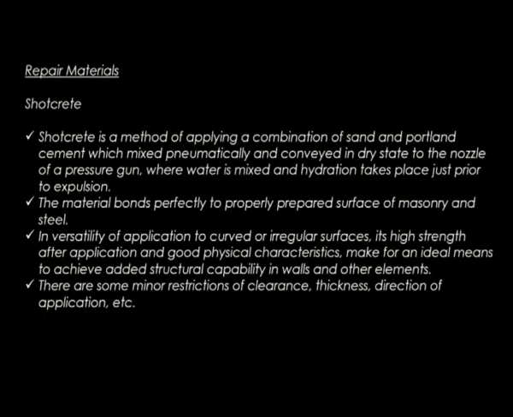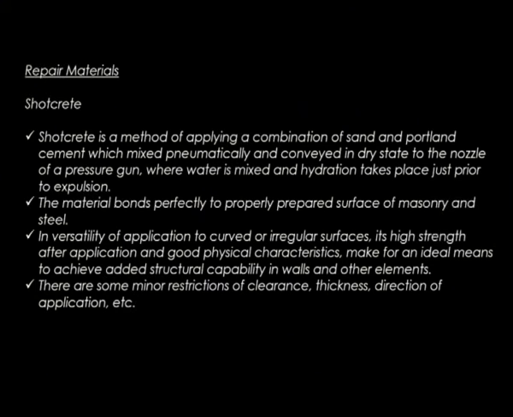So, shotcrete is the first repair method that we use. Shotcrete is a method of applying a combination of sand and Portland cement, mixed pneumatically and conveyed in a dry state to the nozzle of a pressure gun, where water is mixed and hydration takes place just prior to expulsion.